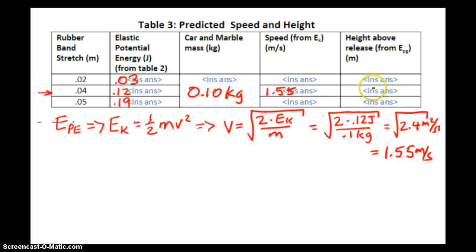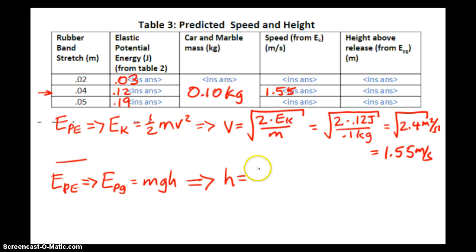Let's take a look at the expected height here. So if all of the elastic potential energy became gravitational potential energy, and gravitational potential energy is mass times gravity times height, we were looking for the height. I could just isolate that, rearrange this. H is going to be equal to our gravitational potential energy divided by mass times gravity. So in this case, let's go ahead and finish this off.